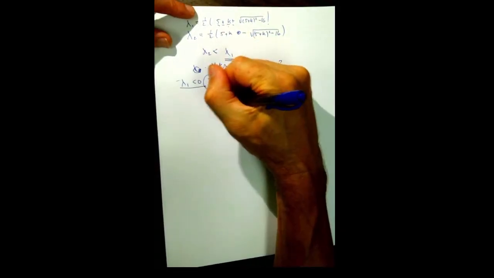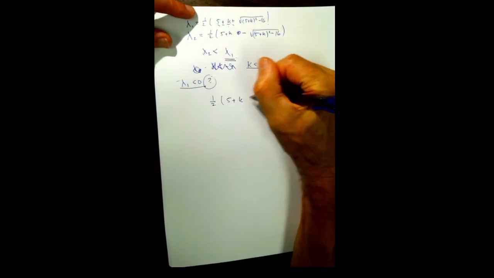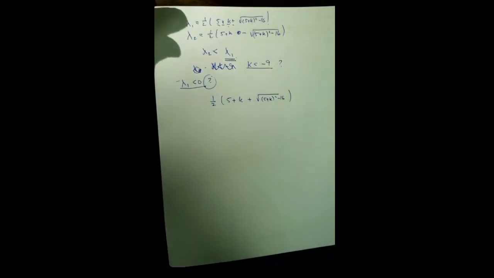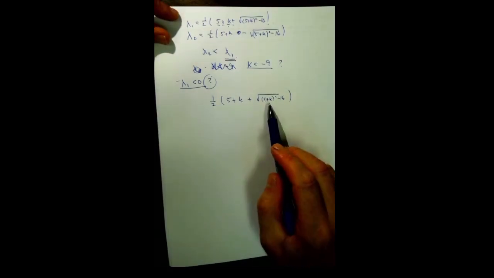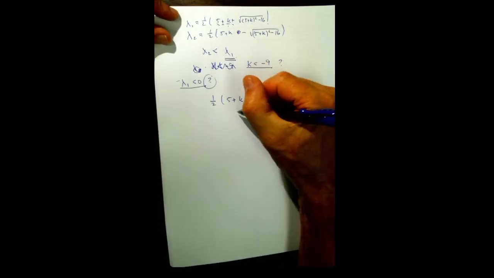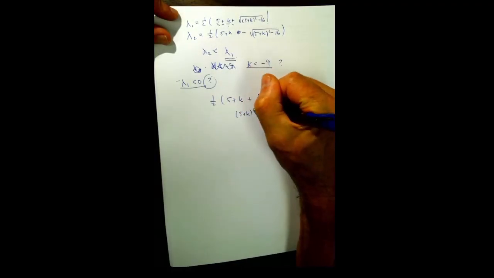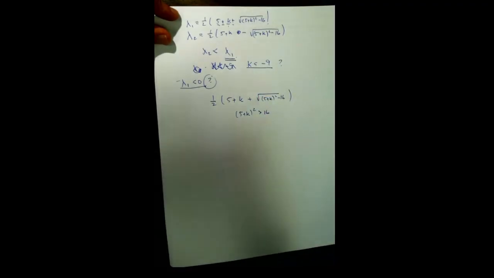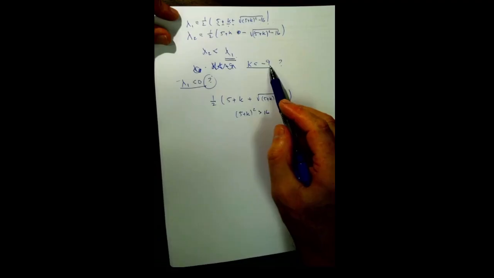So what I have is 1/2 of 5 plus k plus the square root of 5 plus k squared minus 16. Right, so I know right now that 5 plus k squared has to be greater than 16 because I know that my k is less than minus 9.